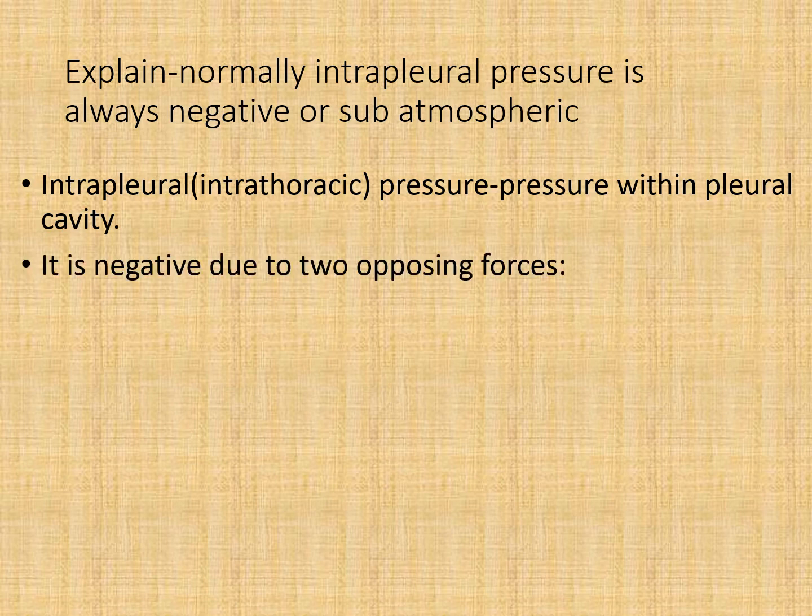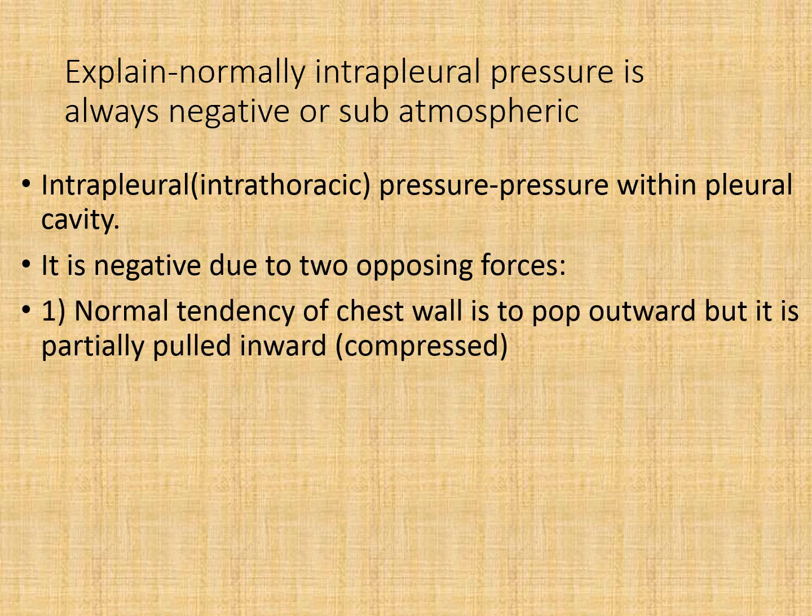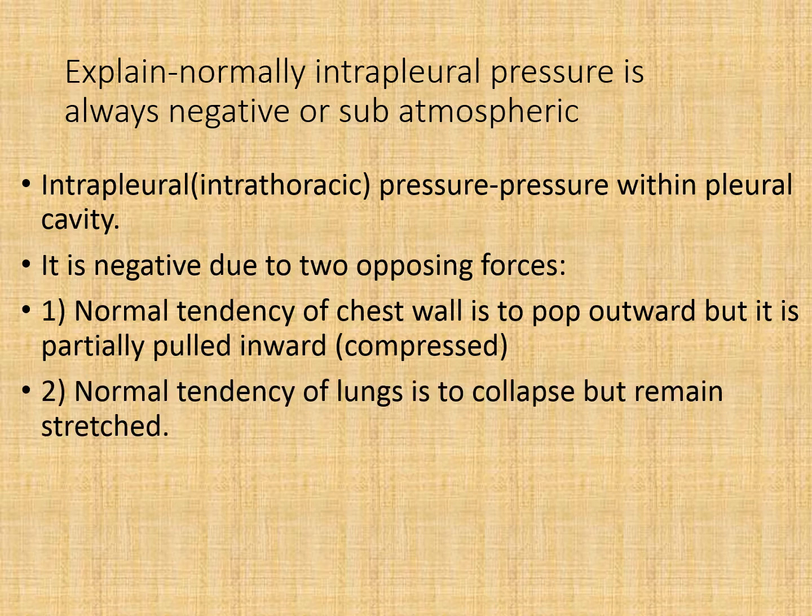It is negative due to two opposing forces. First, the normal tendency of the chest wall is to pop up outward, but it is partially pulled inward, that is, the chest wall is compressed against its normal tendency to pop up outward. Second, the normal tendency of the lung is to collapse, but it remains somewhat inflated or stretched.